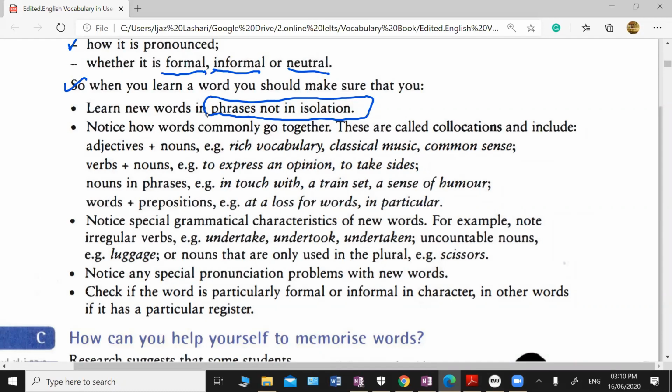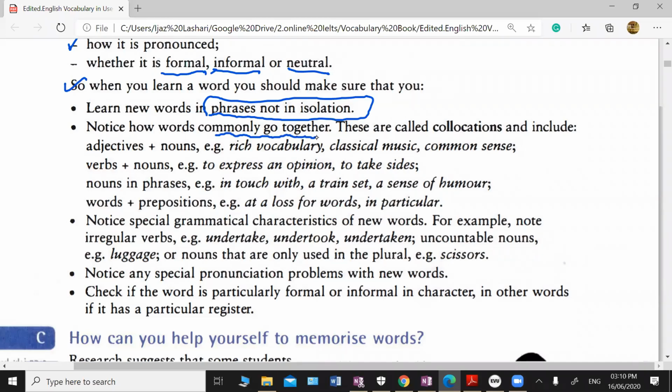It is connected with the verb or with prepositions or any adjective or something like that. Not in isolation, not the word alone. The next thing is notice how words commonly go together. You should have some kind of practice in how to put different words together.